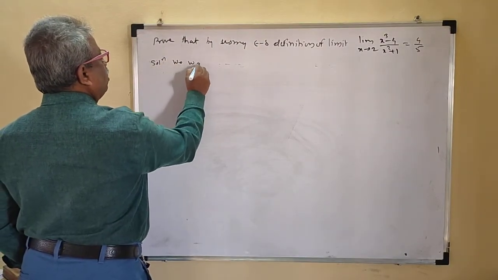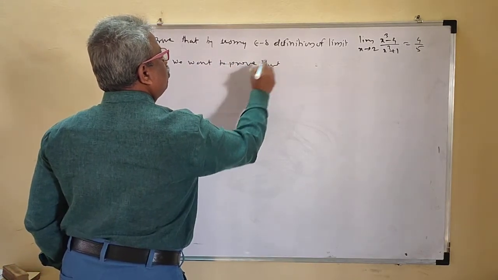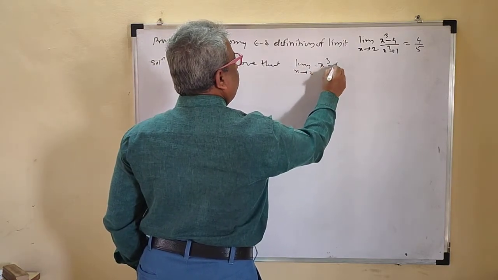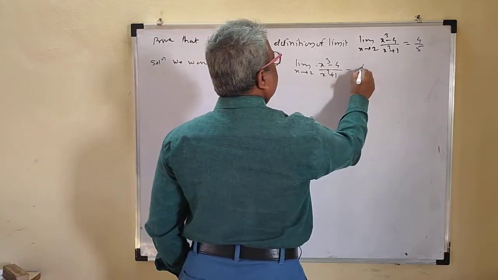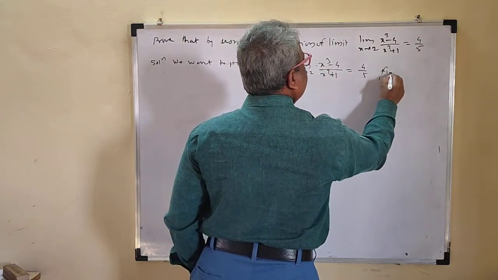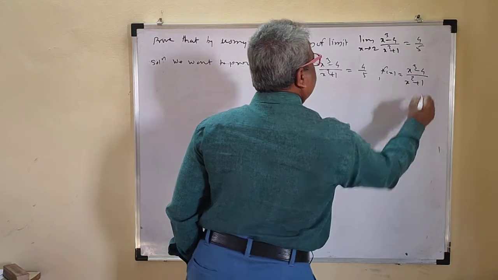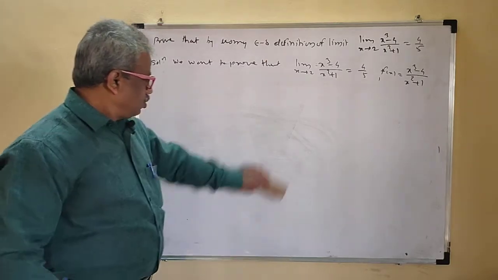We want to prove that limit x tends to 2, x cube minus 4 upon x square plus 1 is equal to 4 by 5. So here your f of x is x cube minus 4 upon x square plus 1.